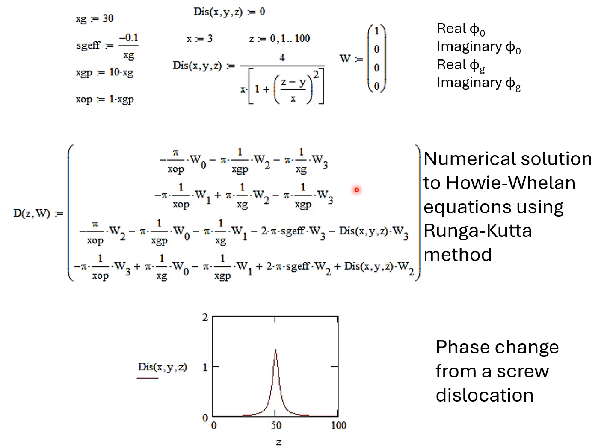But how these different components, the real and imaginary parts, how they change depends on the other entries. We have the real and imaginary parts of the direct beam and the real and imaginary parts of the diffracted beam.